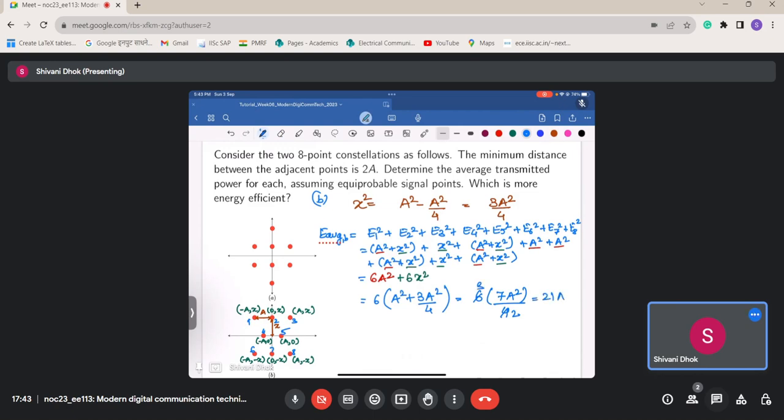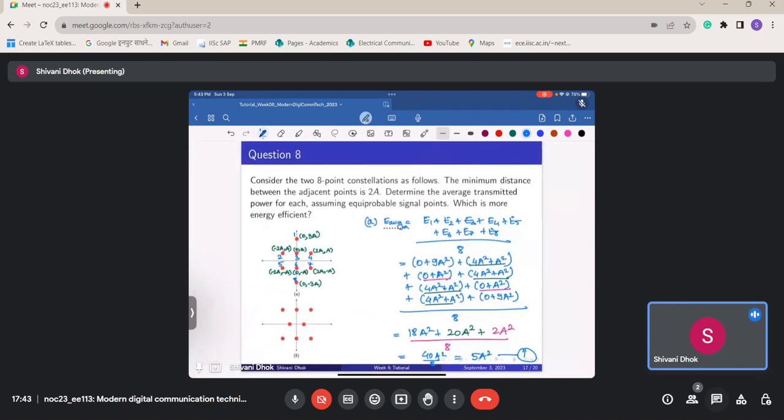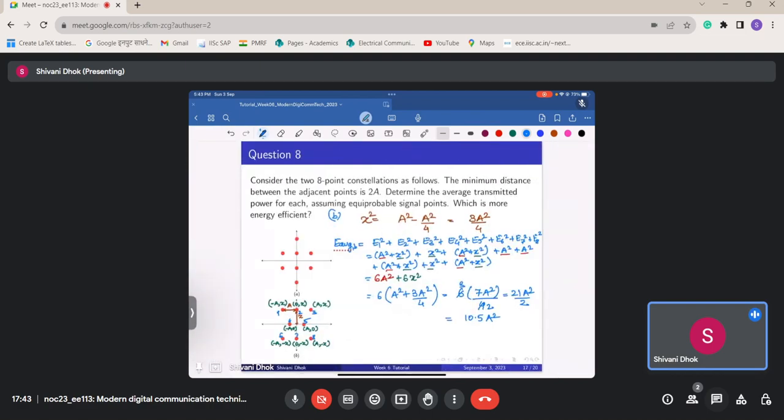This is 21a square by 2, and this comes out to be 10.5 a square. Oh yeah, and this whole thing has to be divided by 8. So this is 10.5 by 8 that we are having here.